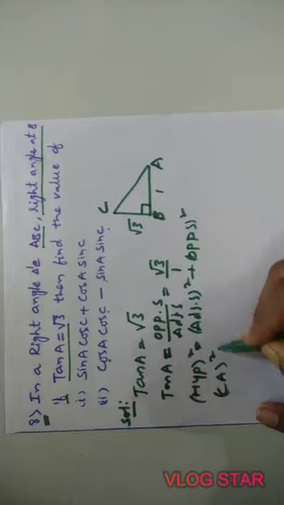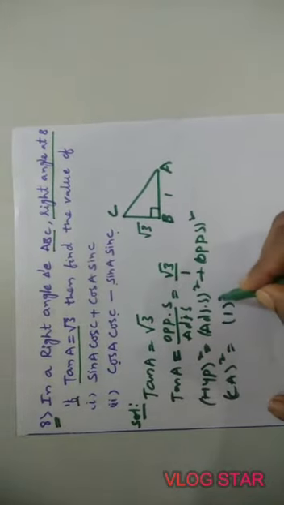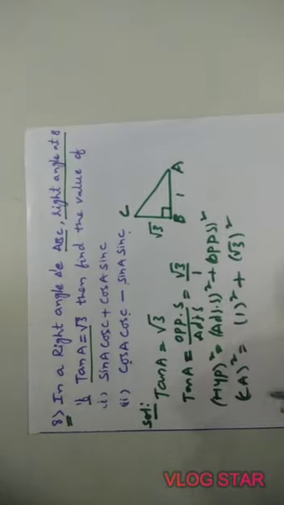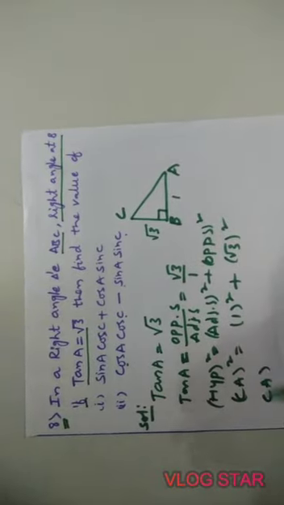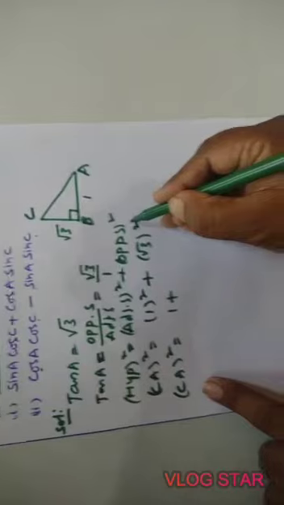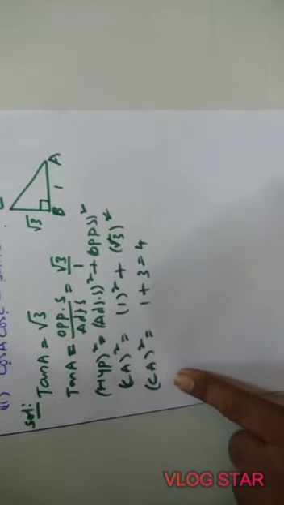CA square is equals to adjacent side 1 square plus opposite side root 3 square. So CA square is equals to 1 square is 1, root 3 square, the 2 and root cancel, is 3. So 1 plus 3 is 4.